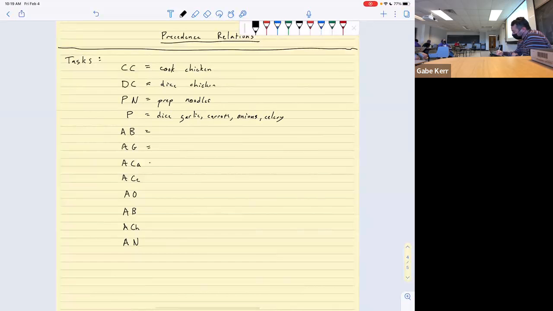All the A's are adding things. So add butter, garlic. I added butter twice. Ah, broth. That's BPR.